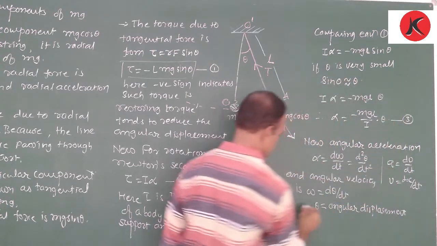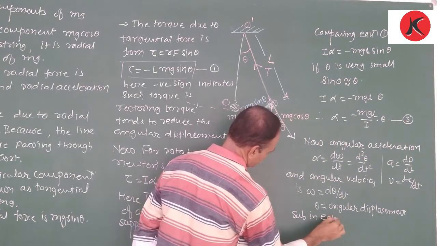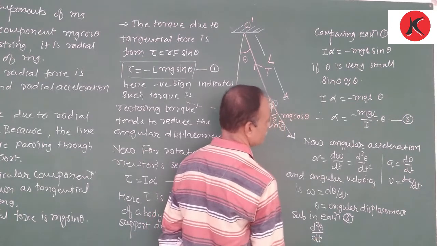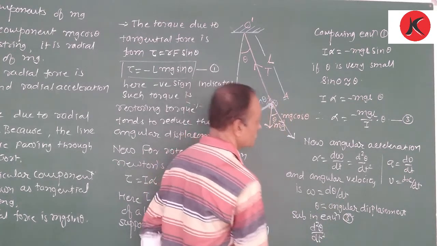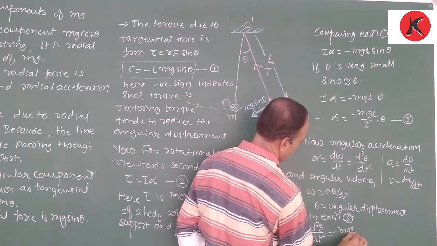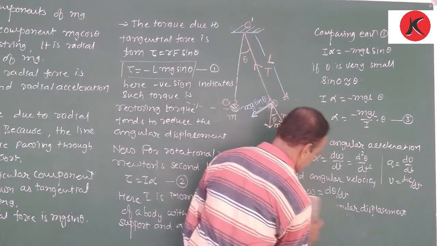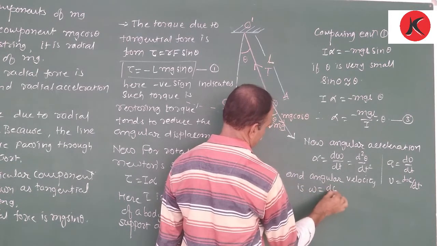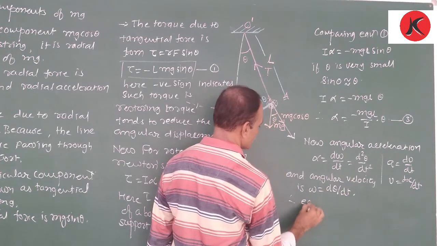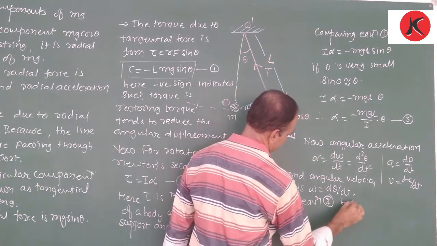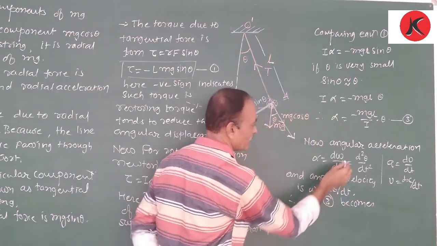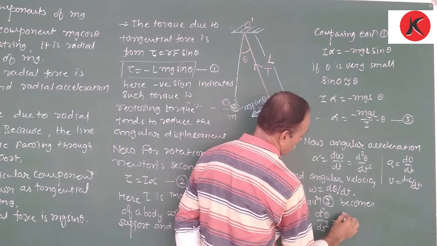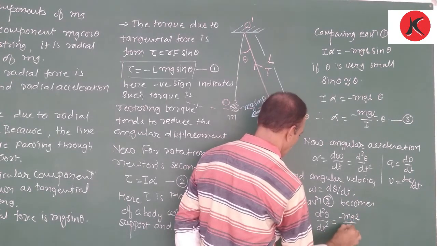Substitute in equation 3. Therefore, equation 3 becomes: instead of alpha, we substitute this value, d square theta upon dt square is equal to minus mgl upon I into theta.